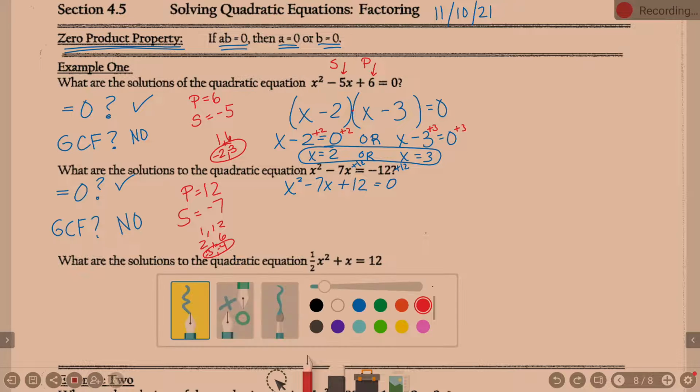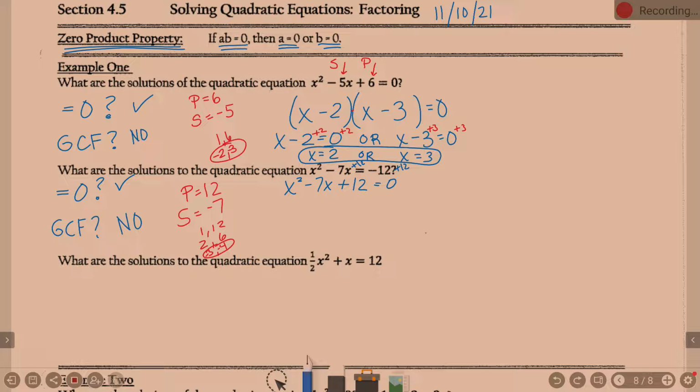So now, x squared minus 7x plus 12 is going to break into two parentheses. X squared is x times x. What numbers go in there? Minus 3, minus 4.